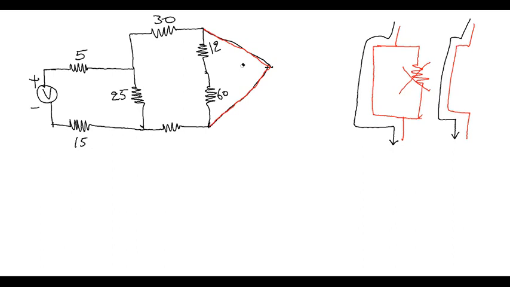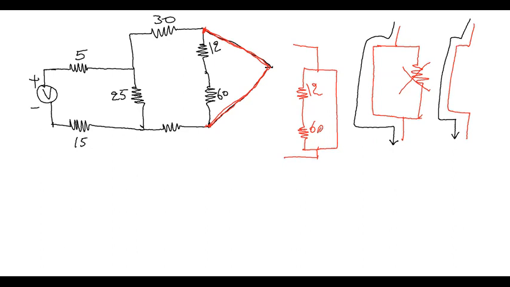Now we can see that the top circuit, the one on the left hand side, has a short circuit between two resistors. We have a 12 ohm resistor and another 60 ohm resistor, and these two are connected through a wire. So this is a 12, this is a 60.